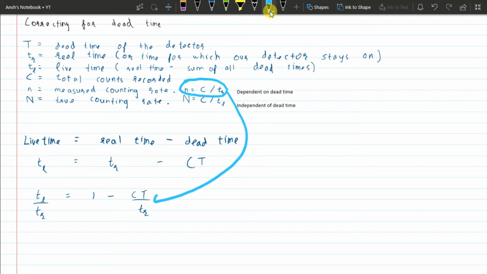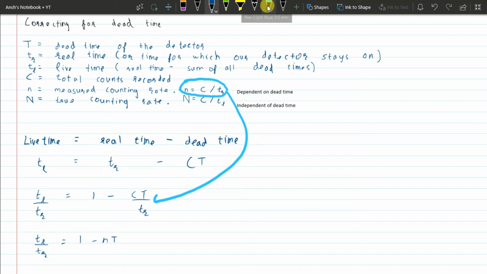So we have that c upon TR is equal to small n. So let's substitute for that. We have TL upon TR is equal to 1 minus nT. Right. So now that we have made this substitution, we'll have to use one more relation.